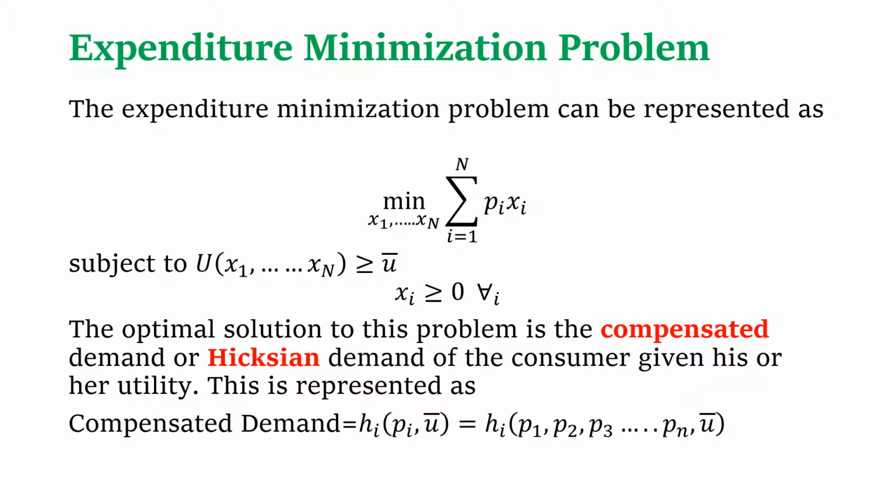So the extra satisfaction that the consumer derives for every dollar spent on each good must be the same across all the goods. So that is the tangency condition.